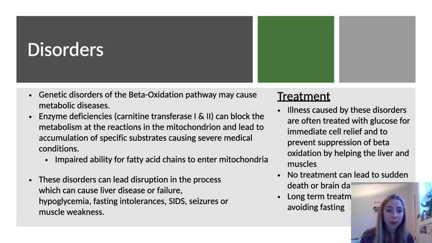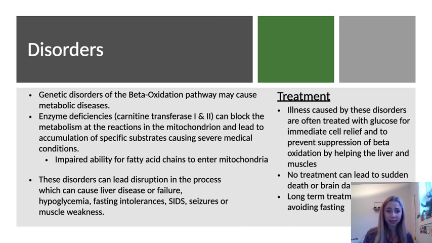This can block metabolism at the reactions in the mitochondria and lead to an accumulation of specific substrates causing severe medical conditions. These enzyme deficiencies could be in the enzymes during beta oxidation or even the carnitine transferase in the carnitine shuttle. This will all inhibit the fatty acid chains from entering the mitochondria.